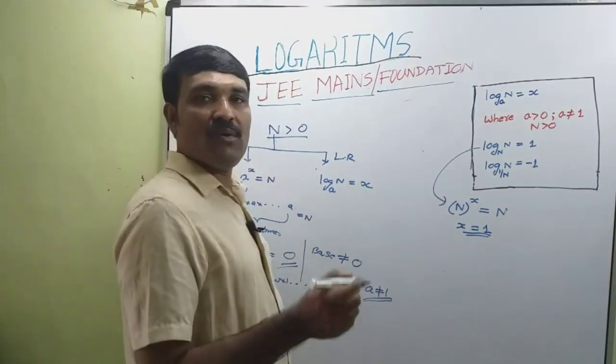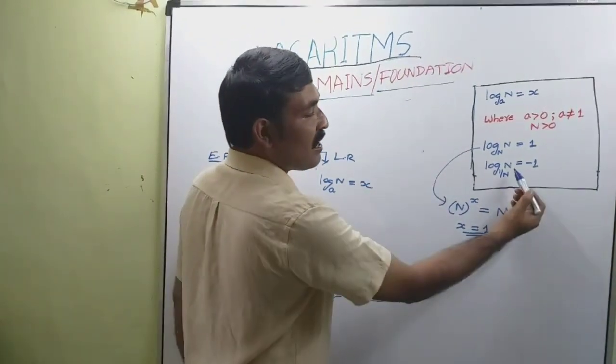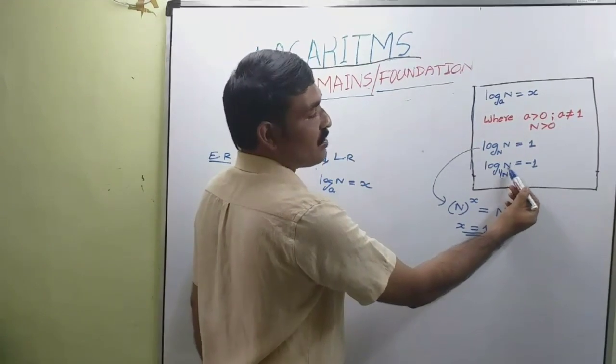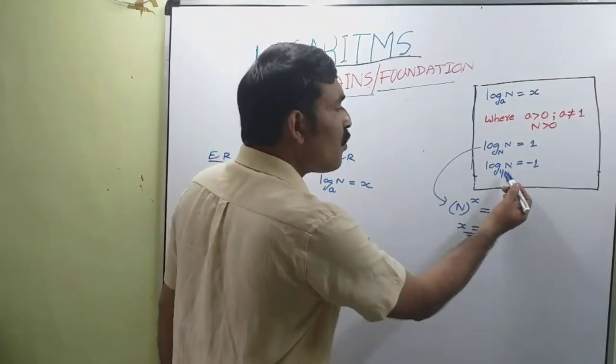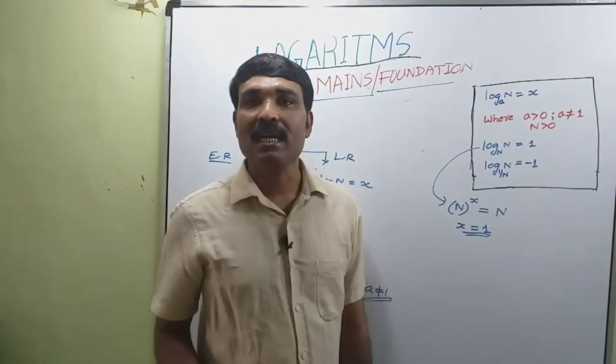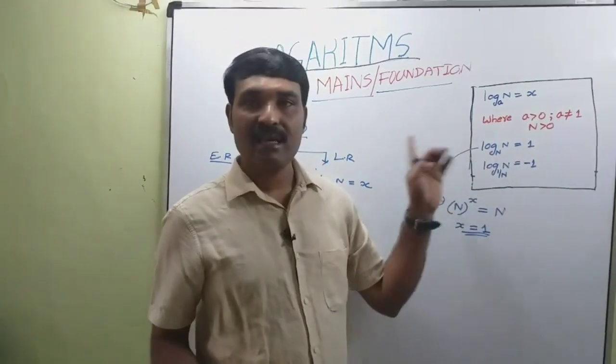Right. Now consider this property. Logarithm of n to the base 1 by n. So how many times is 1 by n multiplying so as to get n?